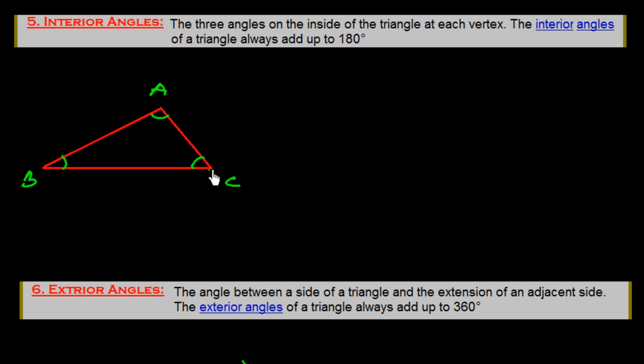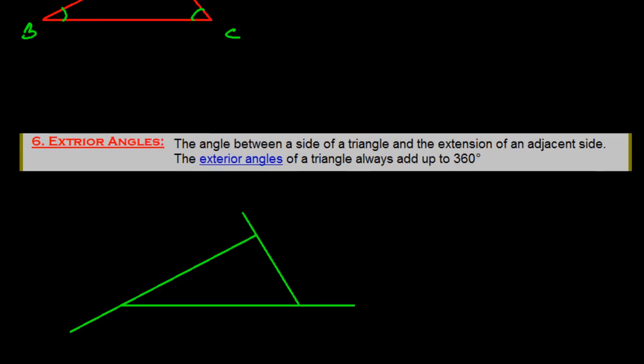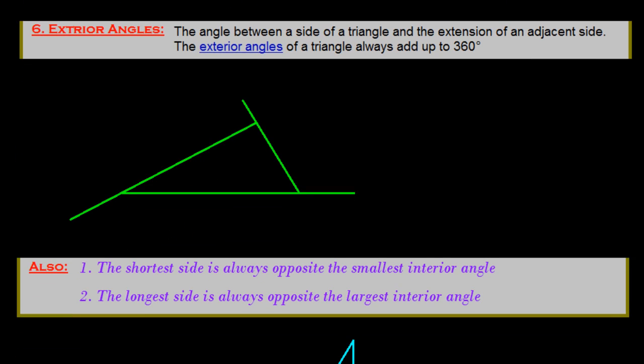The sum of all angles is 180. These are the interior angles, because they are obtained inside the triangle. So angle A plus angle B plus angle C is equal to 180 degrees. This is another property. We will prove this in our forthcoming sessions.